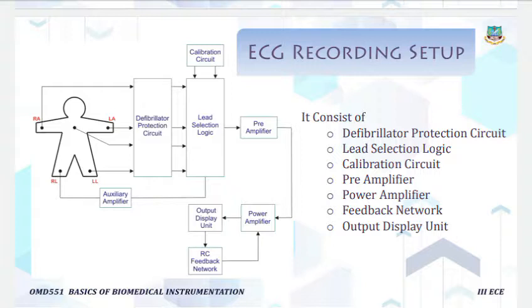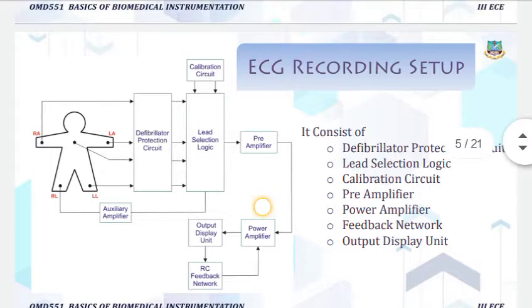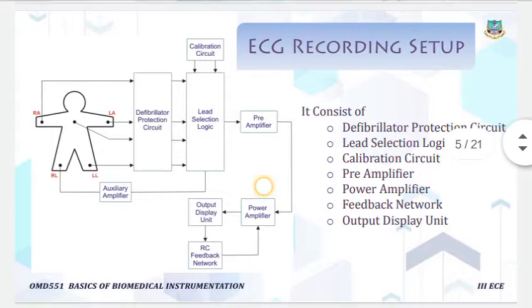The leads are connected with a buffer amplifier for each patient lead. The input impedance is increased and the electrode impedance variation will decrease. So this defibrillator protection circuit mainly consists of a buffer amplifier. It acts as a voltage protection circuit.